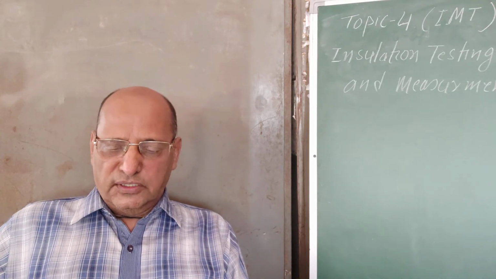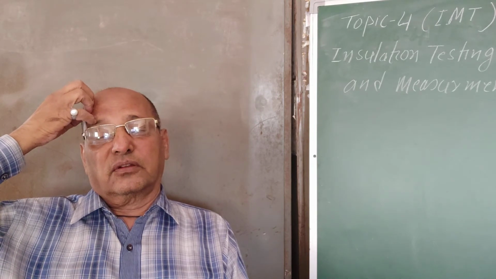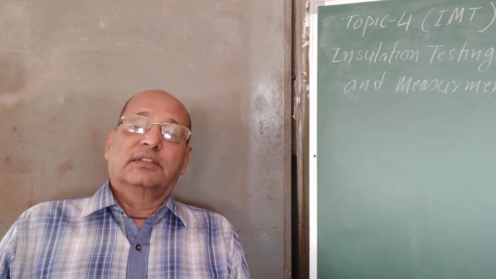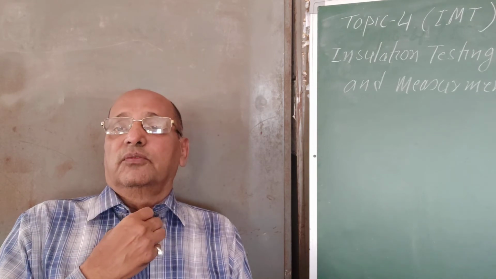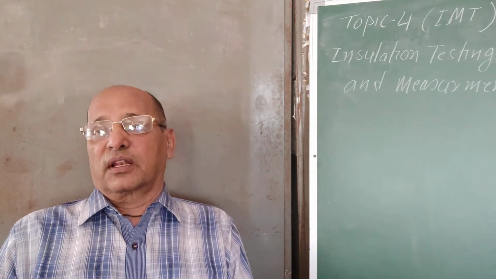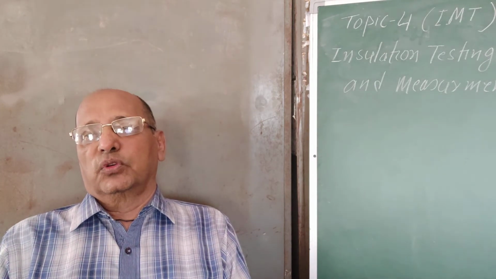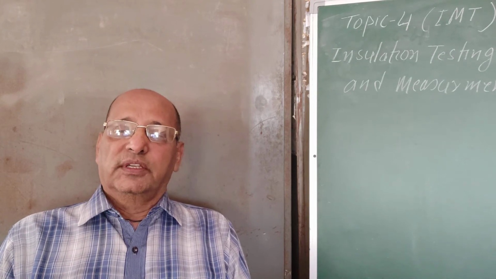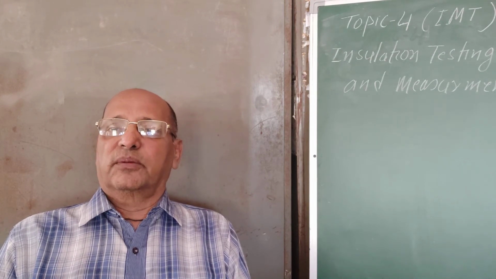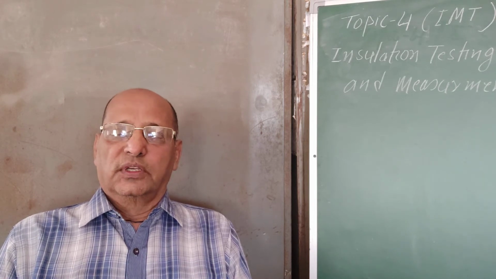In case of solid insulation, whether it is paper insulation, cotton insulation, or other types of insulation, the insulation can be improved with the help of insulating varnish, or by an impregnation plant. You can impregnate the cotton insulation or paper insulation with insulating varnish, so the insulation will be improved.